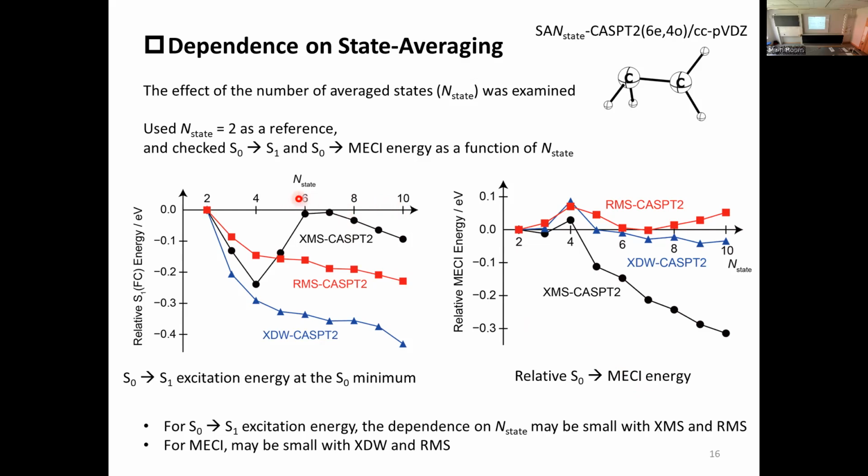If I increase the number of states to be included, XDW CASPT2 behaves a little strangely; compared with n state equal to 2, the maximum difference is like 0.4 eV. But on the other hand, XMS and RMS-CASPT2 are a little less vulnerable to the number of states for excitation from S0 to S1.